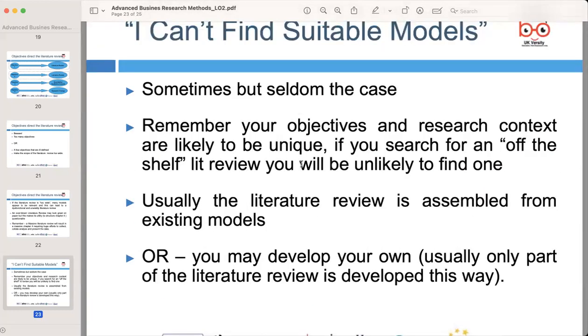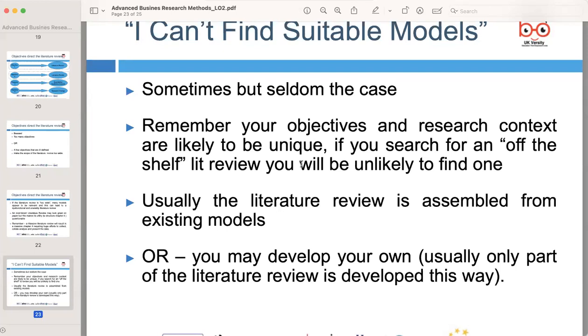So here we are discussing a very important aspect of research: finding suitable models for your study. Sometimes it can be challenging to find existing models that perfectly fit your objectives and research context. But fear not, as we delve into this topic, we will explore different strategies to overcome this hurdle.